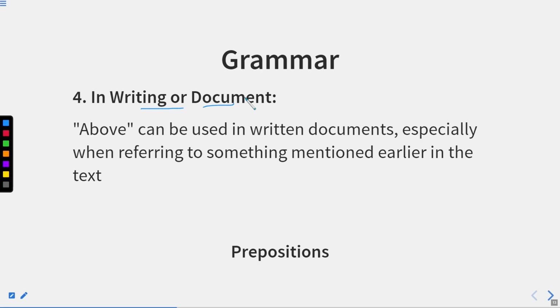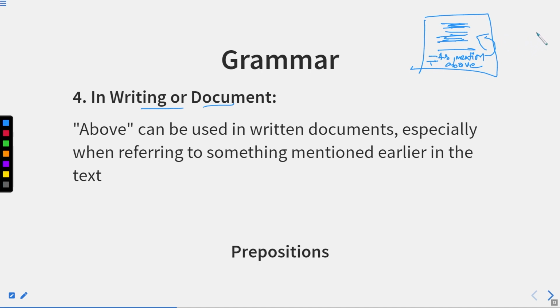In writing a document, for example, if we write an application, there is something written over here and we are writing something over here. So we say "as mentioned above," which means whatever is written above it, in the higher part or position.